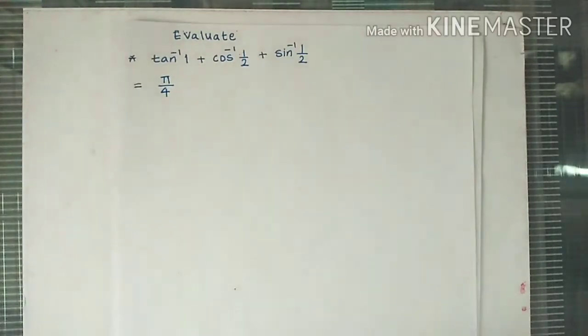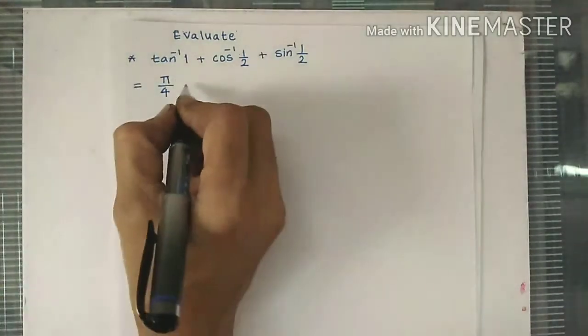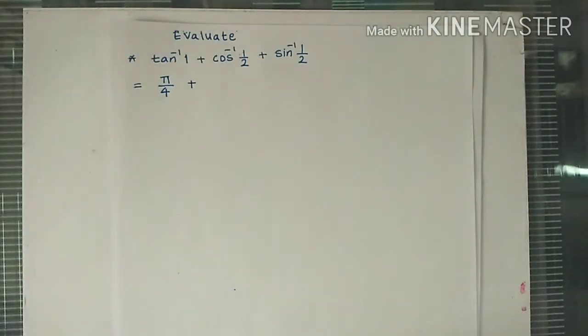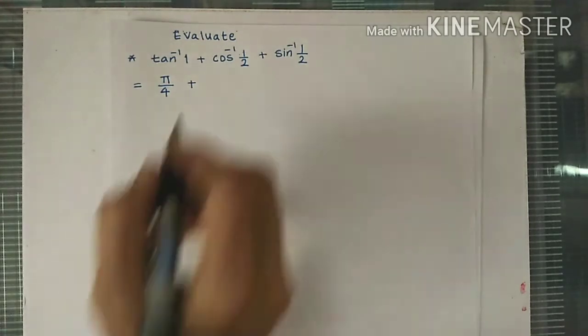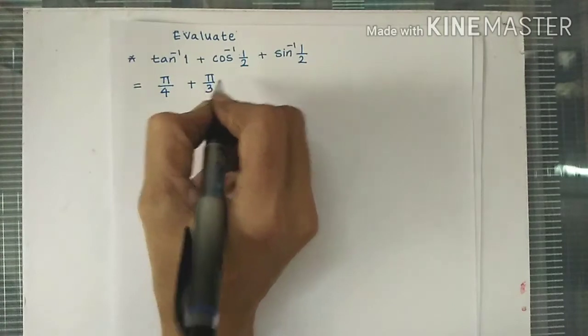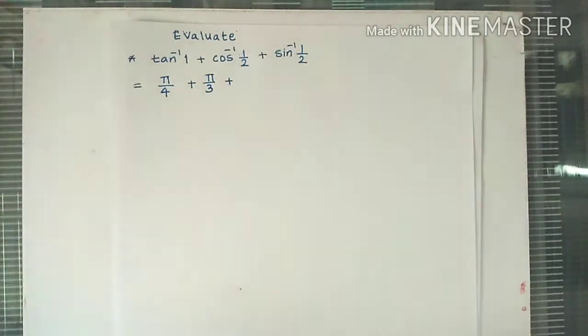So tan inverse 1 is pi by 4 plus cos inverse of 1 by 2. Now we have to find the angle for which cosine ratio is 1 by 2. So what is it? Cos of 60 degrees is half. 60 degrees means pi by 3. So cos inverse of half is pi by 3.